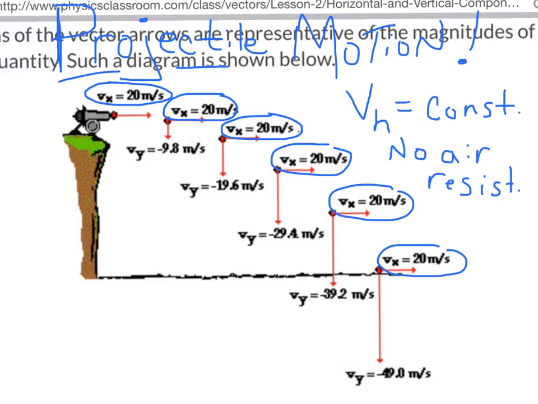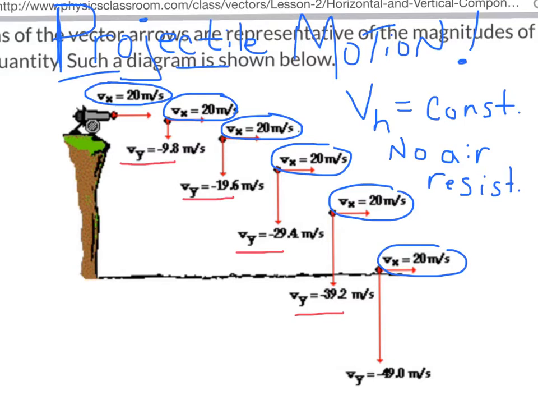In this example problem, a cannon is firing a cannonball, and it leaves the cannon up here at a velocity of 20 meters per second. As time goes on, the horizontal component stays constant at 20 meters per second. But vertically, the vertical velocity is continuing to increase. They're using the actual values of acceleration here.